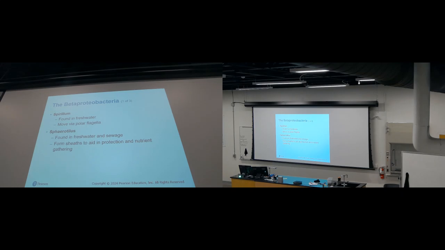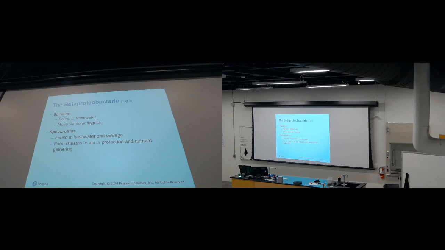These bacteria can have many shapes. That's why it's called proteobacteria. Now, for members of beta proteobacteria, we have Spirillum, which can be found in fresh water and moves by a polar flagella. It's a spiral-shaped bacteria. It is shorter and thicker than spirochetes, and it has a single flagella at one end, and it lives in ponds.